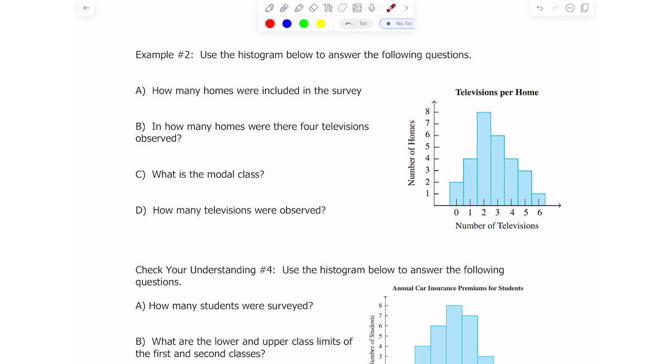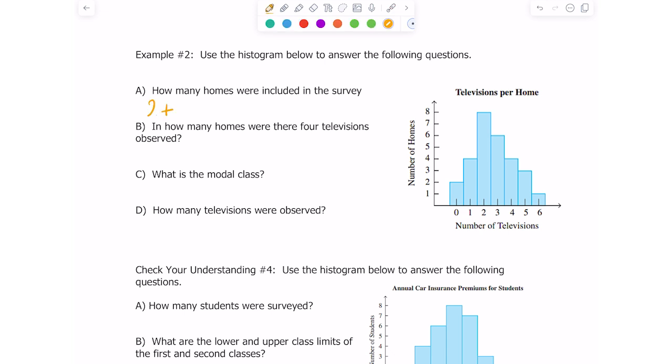So this is how you would read the histogram. The first question says, how many homes were included in the survey? Well, these represent the counts, the frequencies, right? So I would need to take each frequency and add it up. So here I would just have 2. So that tells me 2 homes have no television.